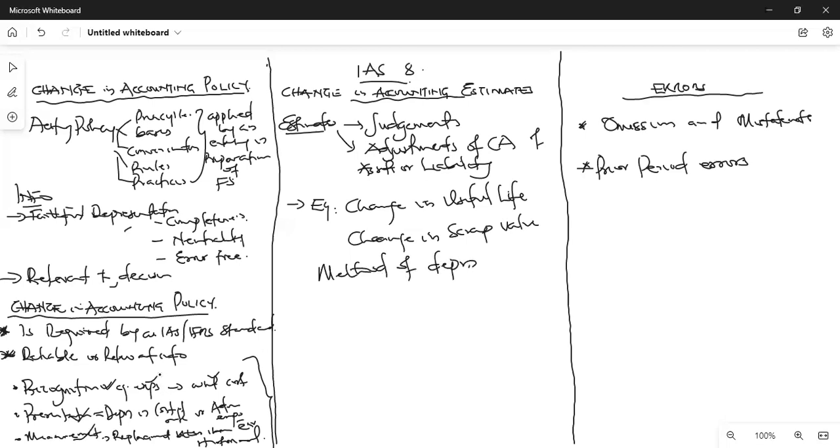There is no space for me to bring these ones that I mentioned, but once it's a change in recognition, presentation, and measurement, you should know that. All right. If you do a change in provision, all these things that we are talking about here, they are subjective in judgment. So those things amount to a change in accounting estimates.